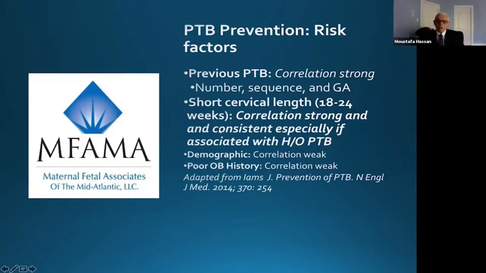So really, your mainstay is these two items here: history of preterm birth and short cervical length, and that's usually the subject of all or most of the research that happened in that field and continues to happen. The one that I wrote in smaller fonts, which is demographic and poor OB, can help a little bit, but not too much.